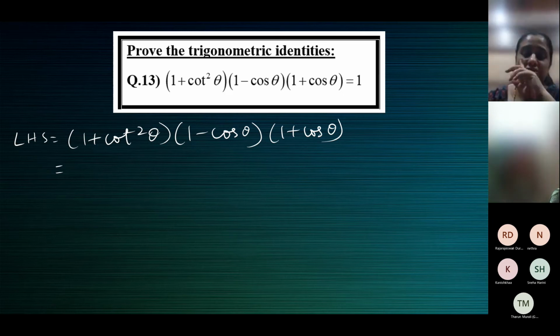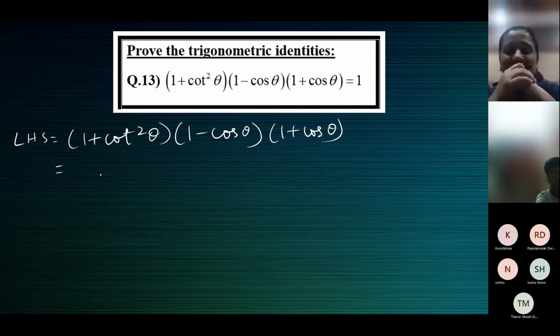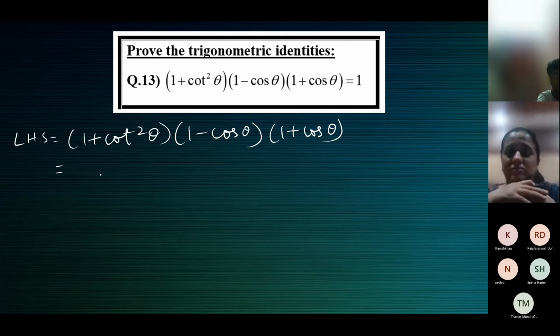What is 1 plus cot square theta? Sine square theta. If you can replace using the identity, do it. No, Kanishka, what is 1 plus cot square theta? Not cos square theta.